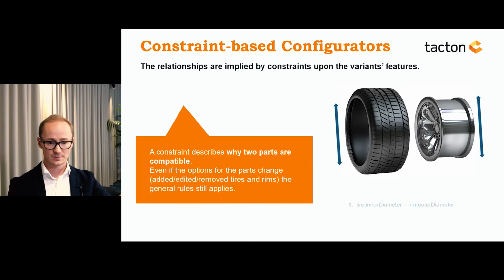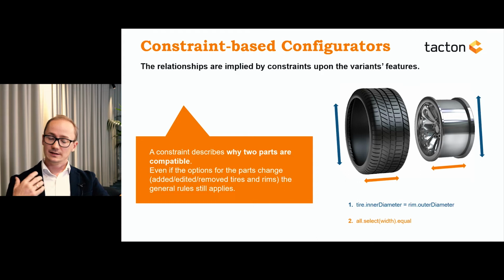So for instance, why would the tire fit a specific rim? Well, if the tire inner diameter matches the rim outer diameter, then the 2 will go together. So this is something that we think is quite close to how the product managers and the engineers working with these products think. And we actually state our configuration rules exactly like this.